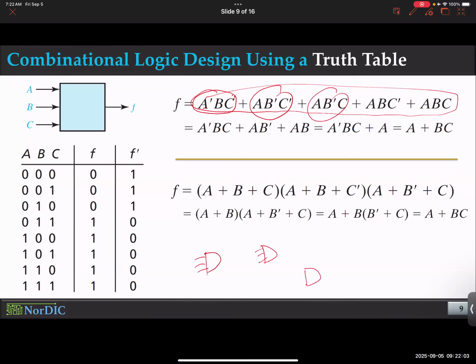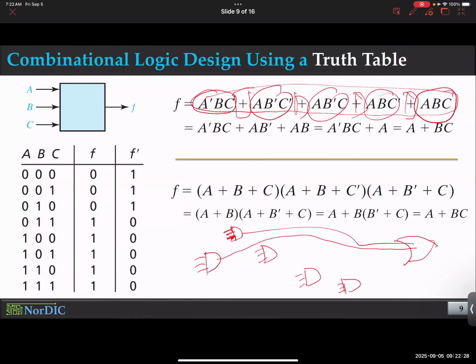I'm running out of space to draw 3-input AND gates. So you actually need five 3-input AND gates. And then you have to take an OR of all of these AND operations. So you need an OR gate with all these inputs, 1, 2, 3, 4, 5, and this is your functional output. Obviously, it doesn't look like a compact solution, right?